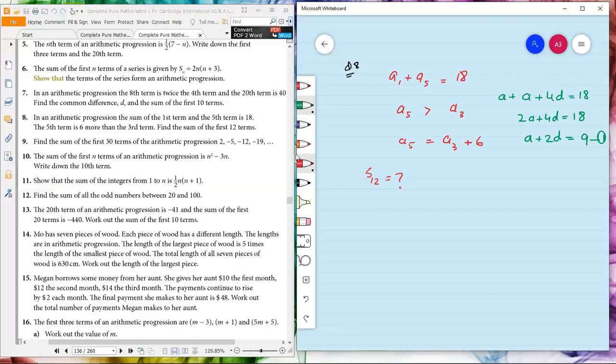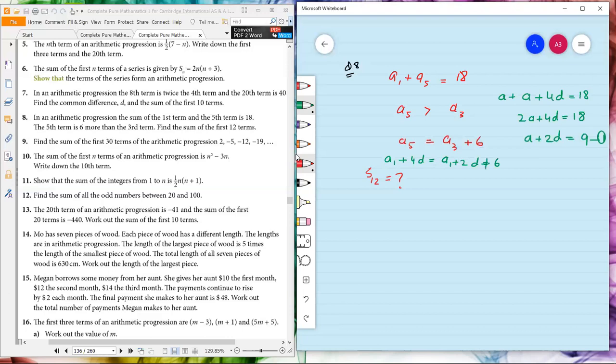Then a5 is equal to a3 plus 6. How does it become? It would be a plus 4d. Just put the formula, and then a plus 2d plus 6. Then solve it. a plus 4d, we shift a to one side, plus 6.